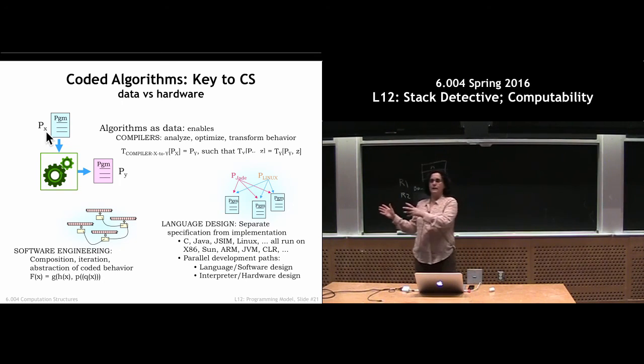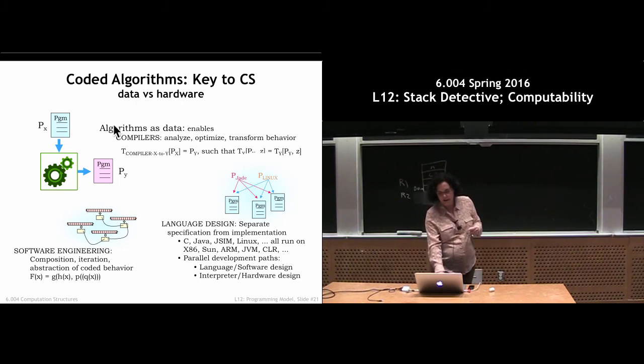Then on the other hand, we have our hardware, which is working on different implementations of processors. And the idea is that regardless of which of these processors I'm running on, I can take any of my high-level language programs and ultimately run it on that hardware.